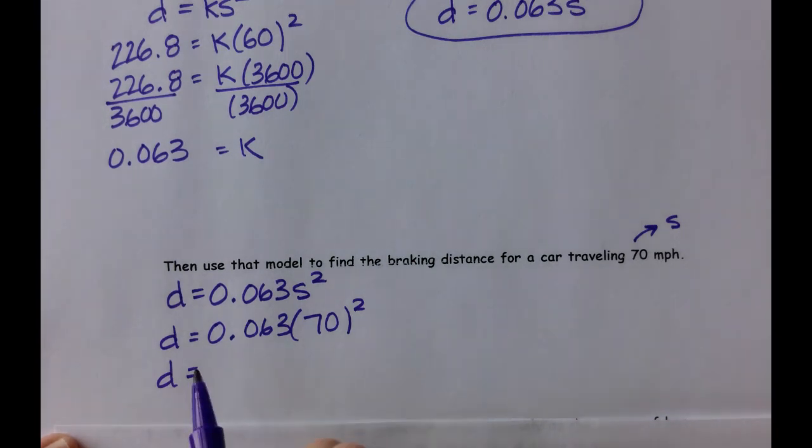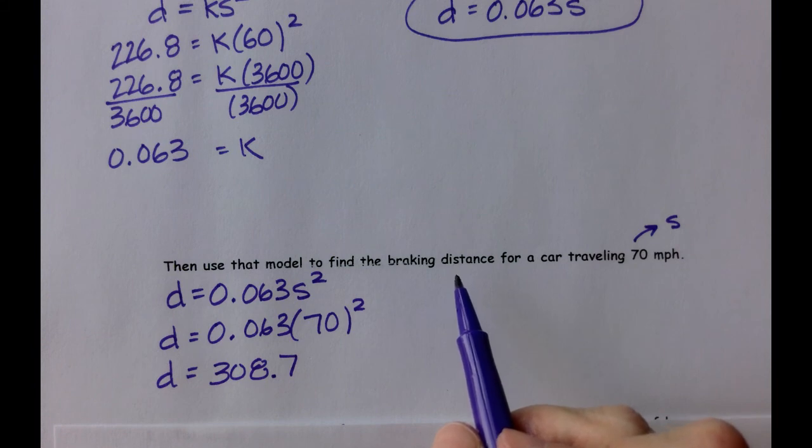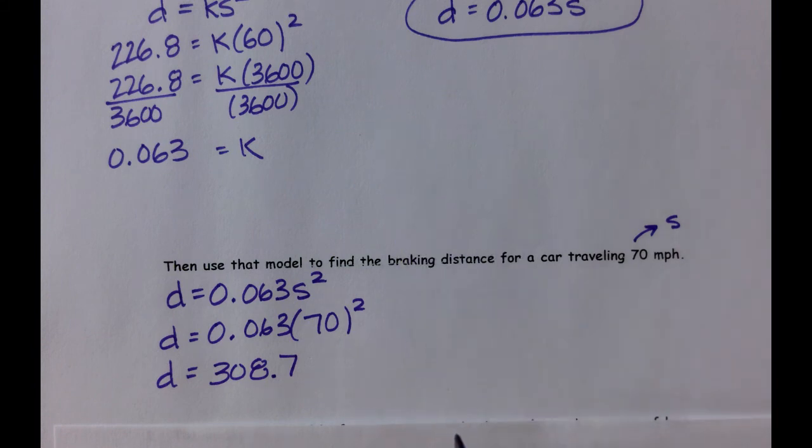When you finish that calculation, you will get 308.7. This is supposed to be a braking distance, and if you look back in the beginning of the problem, braking distances were measured in feet. 308.7 feet for this car to stop.